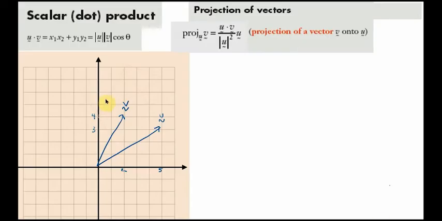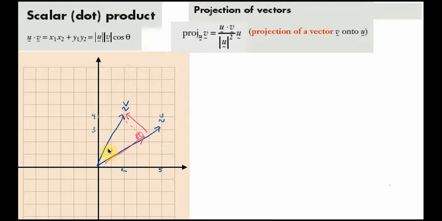Coming back to our vectors u and v, I can drop a line down here, which is at right angles, perpendicular to u, and I can express v as a component in the direction of u and a component at right angles to u.